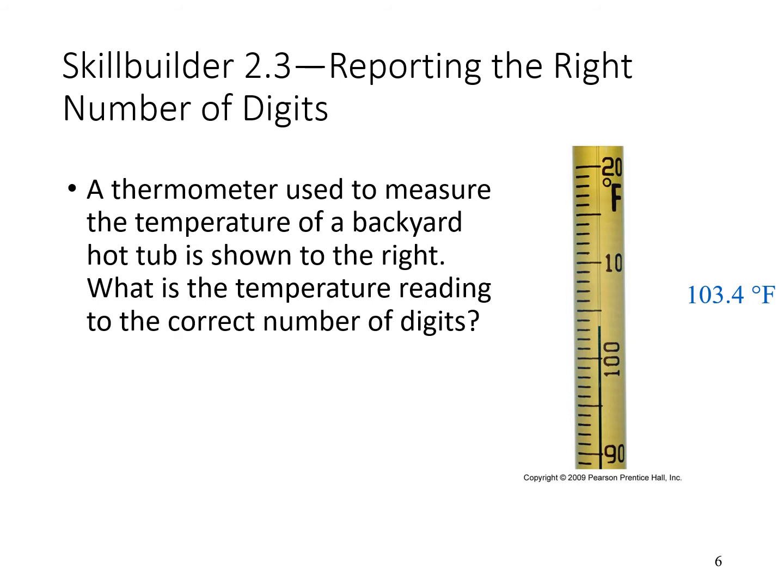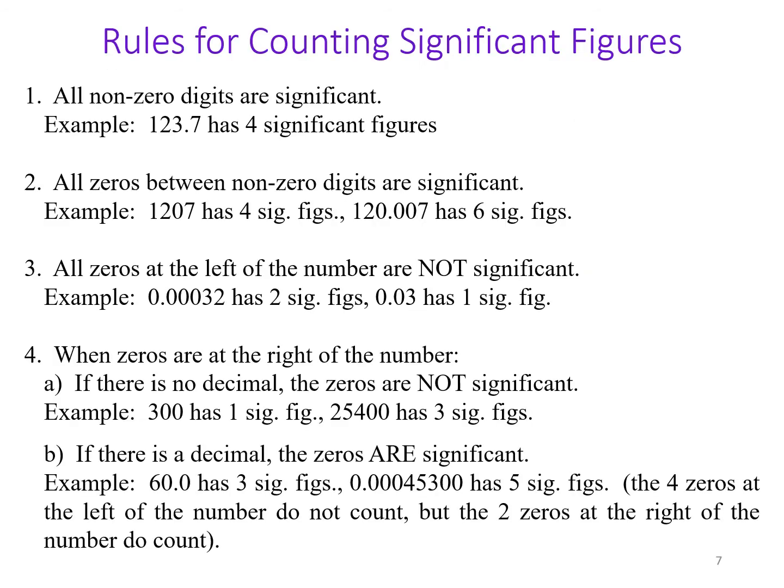That is why you include that uncertain digit, and you're telling me that I am sure this is 103, but I am not sure if the last digit is 4 or 2 or 3 or 5 or 1. You're giving me that information by giving me this measurement. I already know that the last number that I'm seeing at the end might not be a very certain number.